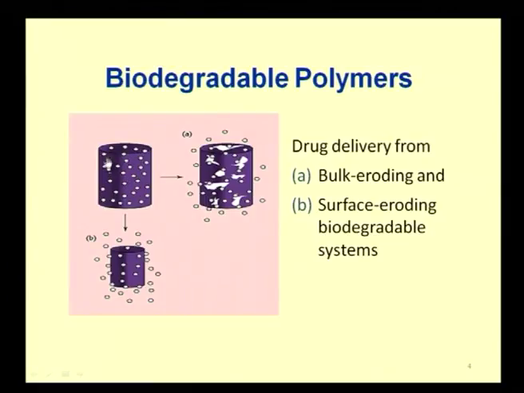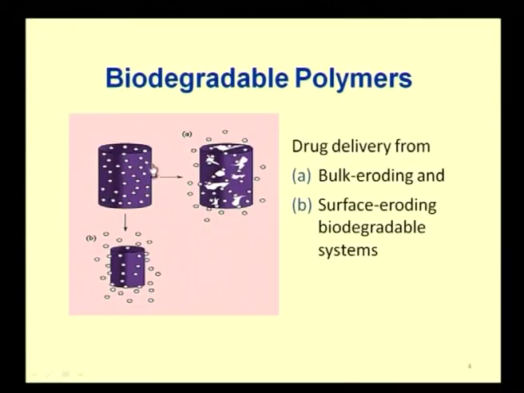This is the polymer carrier with the drug encapsulated in it, and on hydrolysis or polymer degradation in our body, it releases the drugs in a bulk manner. That means it is carried out from the inside of the carrier, and they simply come out and get released immediately when a proper condition is achieved in the body system. This is called bulk erosion or bulk eroding.